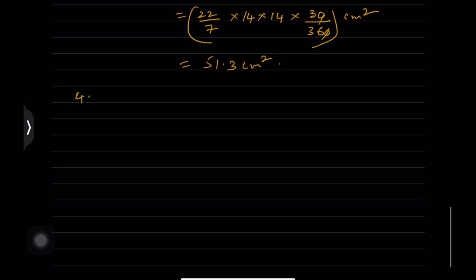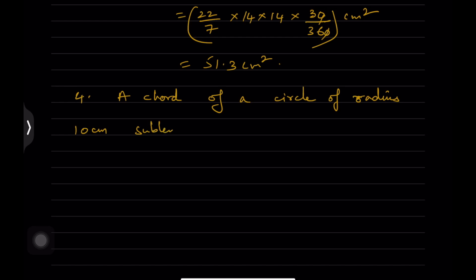Now next, fourth problem. A chord of a circle of radius 10 centimeters subtends a right angle at the center.